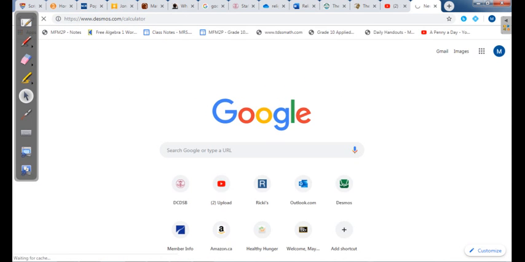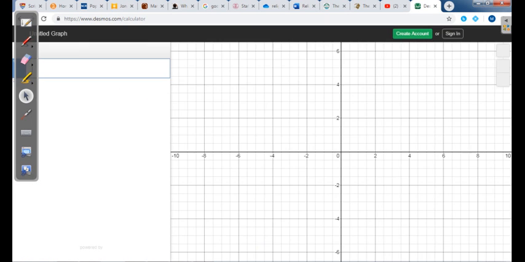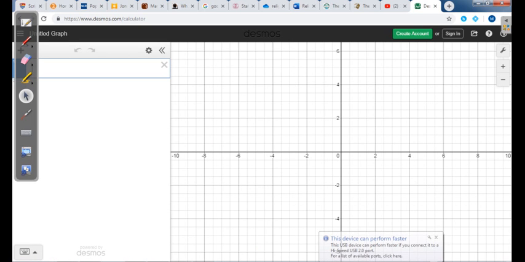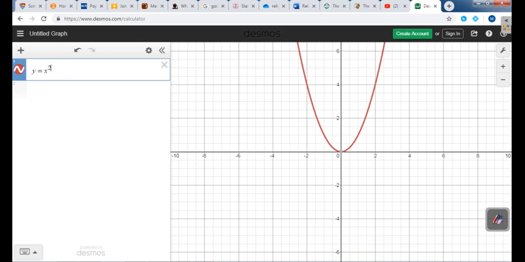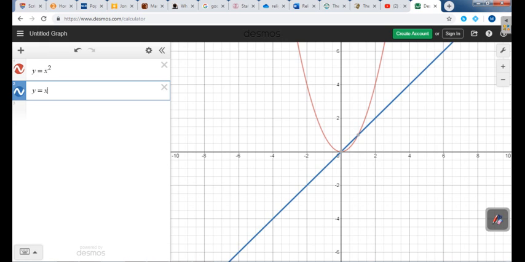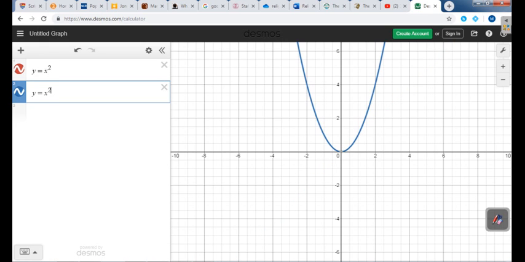So we always start with our original function, which is y equals x squared. That's my original parent function. Now what would be my second function? Y equals, what's the function in B? X squared plus 2. Okay, let's zoom in a little bit.